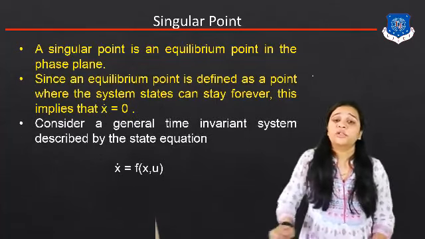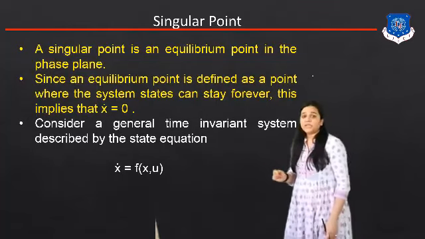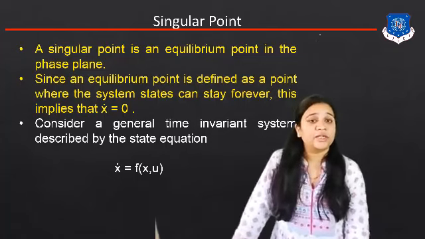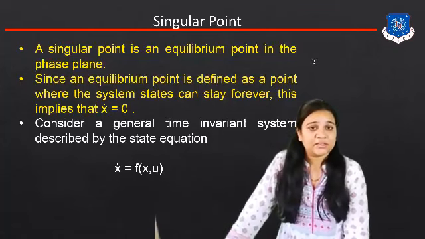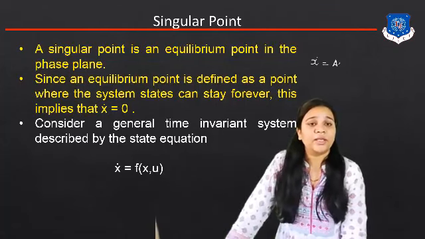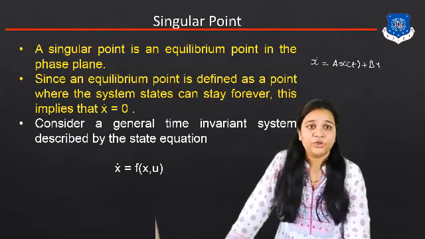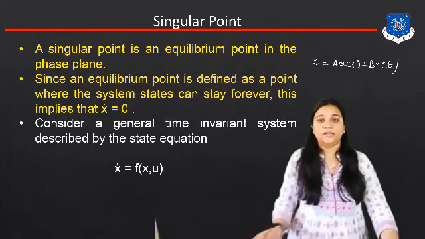So we consider a general time invariant system described by the state equation x dot is equal to a function of x and u, because the continuous state equation is x dot is equal to A x of t plus B u of t.